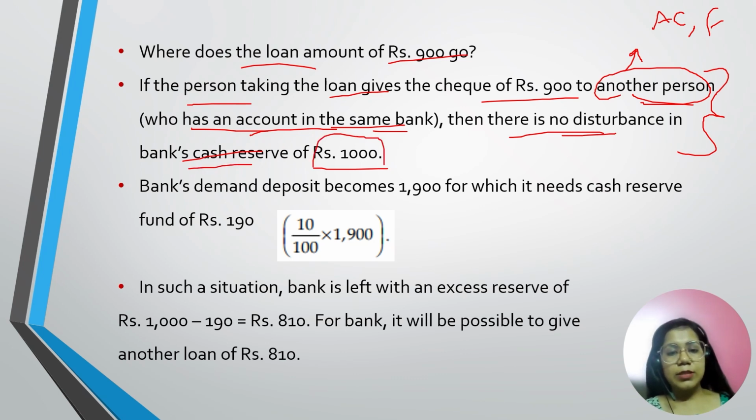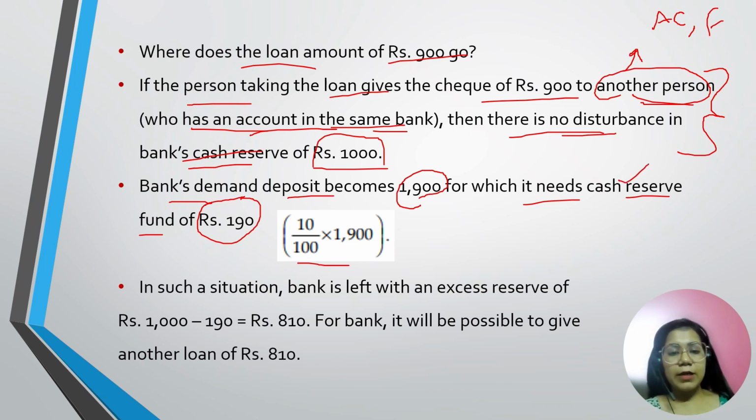So the bank's demand deposits become 1,900, 1,000 plus 900, for which again it will have to keep a cash reserve fund, which will be what? 10% of 1,900. So it is how much? Rupees 190. So 190 rupees will be kept as the cash reserve fund.